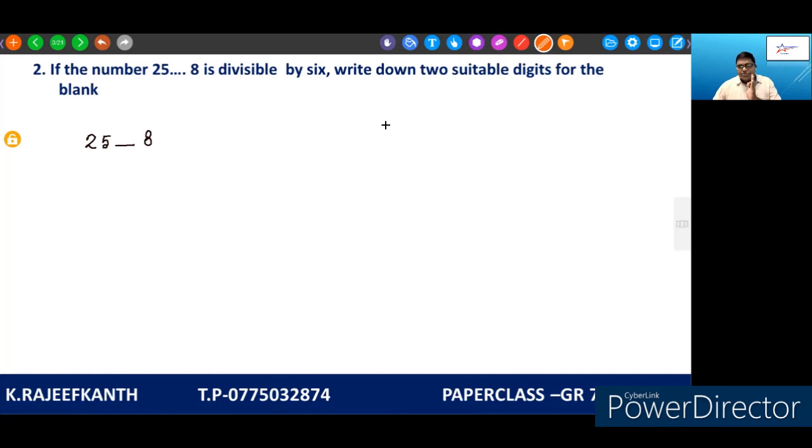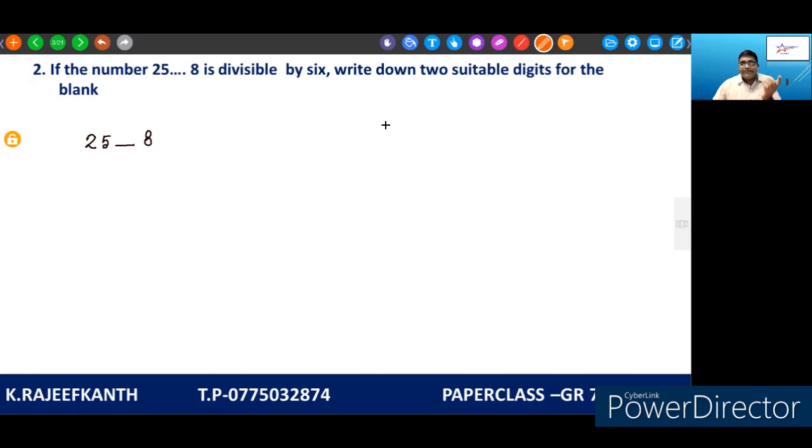So first we should know the divisibility rule of 6. If a number is divisible by both 2 and 3, then we can say that number is divisible by 6. Then we have already learned the divisibility test for 2.